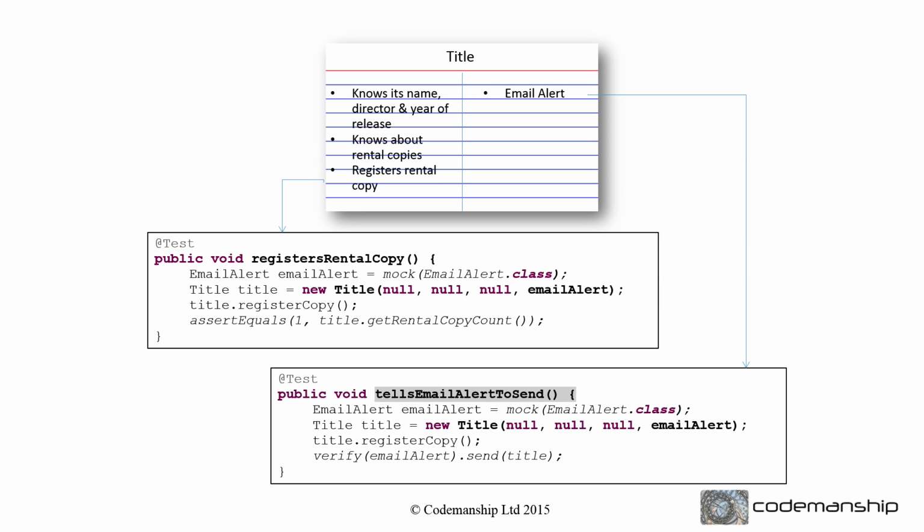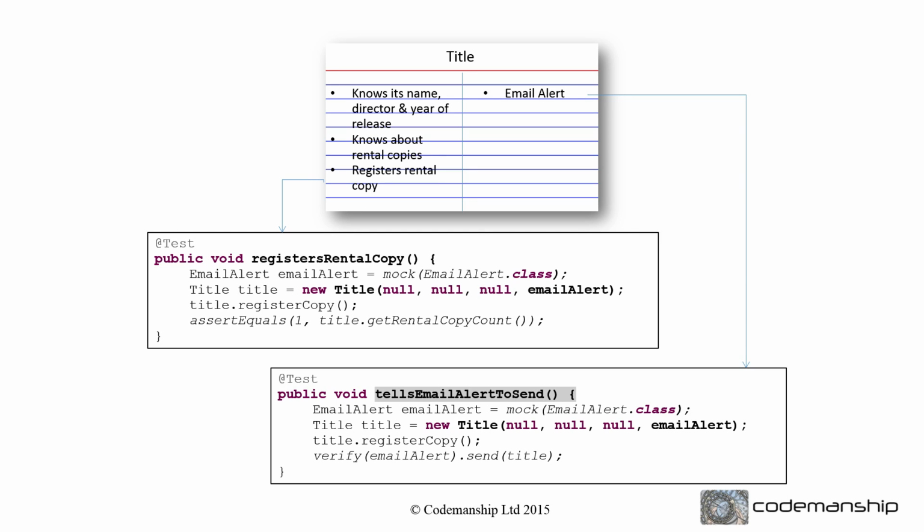If we want to write failing tests because of a collaboration, then we can use mock objects to write those kind of tests. So you can see there's 2 styles of testing that we're going to use. One style helps us to test drive the work that objects do, their responsibilities, and the other style allows us to test drive the collaborations between the objects, so we can wire them together in a test-driven way, by writing failing tests. And that's actually why mock object frameworks were invented in the first place.